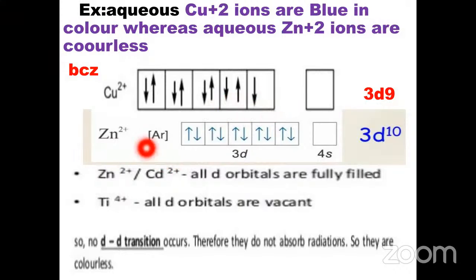But Zn2+ has a completely filled 3d shell, so it does not exhibit color. Not only Zn2+, Cd2+ also is fully filled. Then in Ti4+, all d orbitals are vacant, so no d-d transition occurs. They do not absorb radiation, so they are colorless.